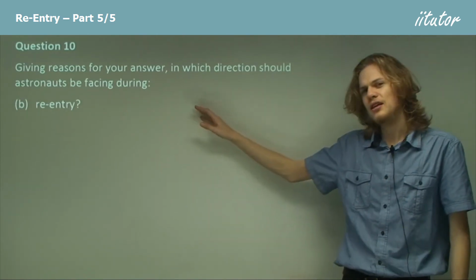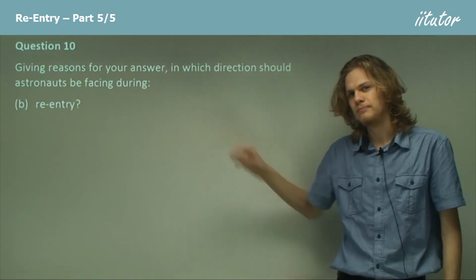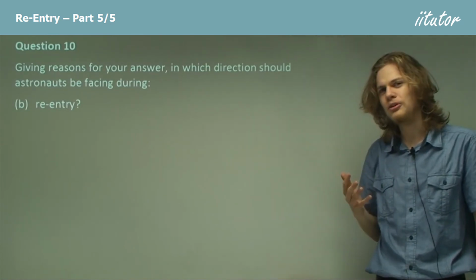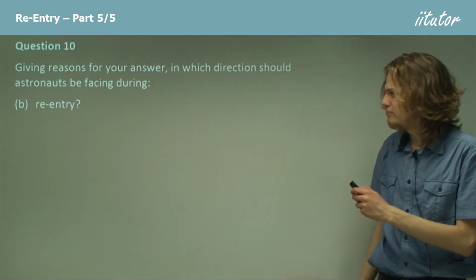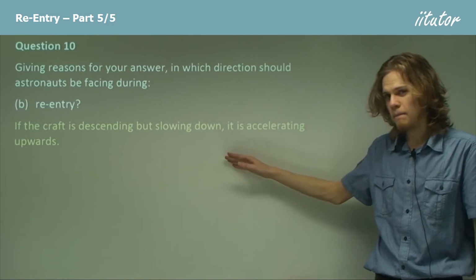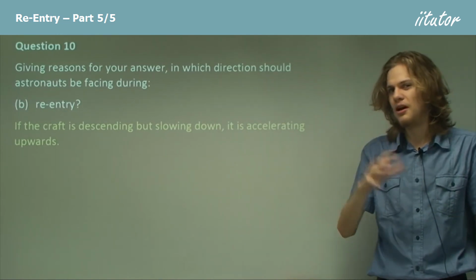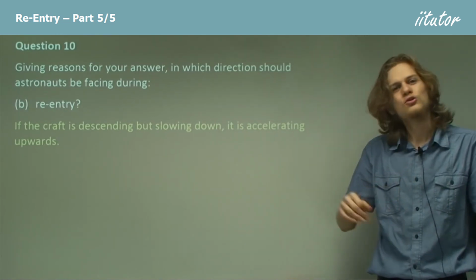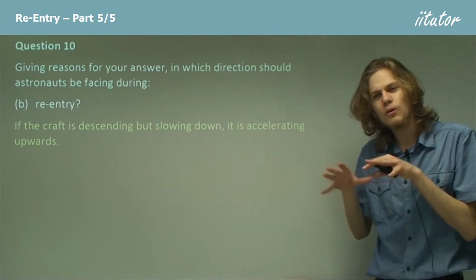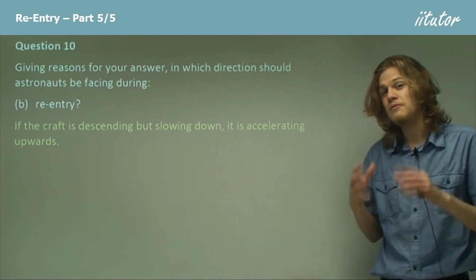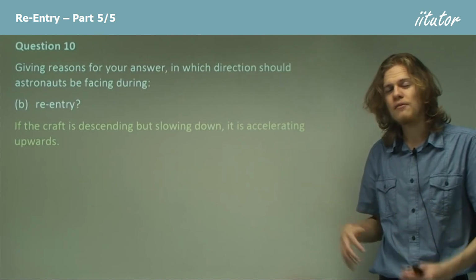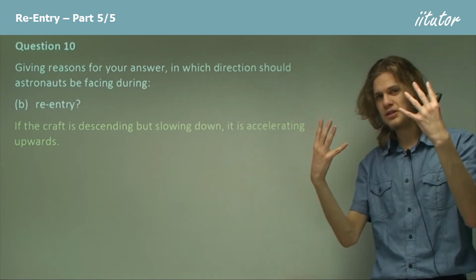So which case is this? Re-entry. Are we accelerating up or down? Well, we're descending, but we're slowing down, right? So if we're moving down but at a slower and slower rate, that means we have negative acceleration. So we have acceleration in an upwards direction.